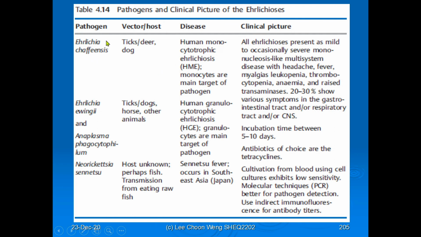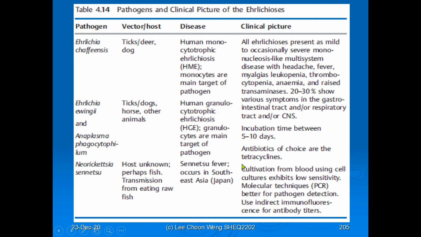Group is Ehrlichiaceae, where you have bacteria Ehrlichia, Anaplasma, Rickettsiaceae, that causes Ehrlichiosis. The main target of the pathogen are monocytes. Ehrlichiosis presents as mild to occasionally severe mononucleosis-like disease with incubation time of 5 to 10 days.